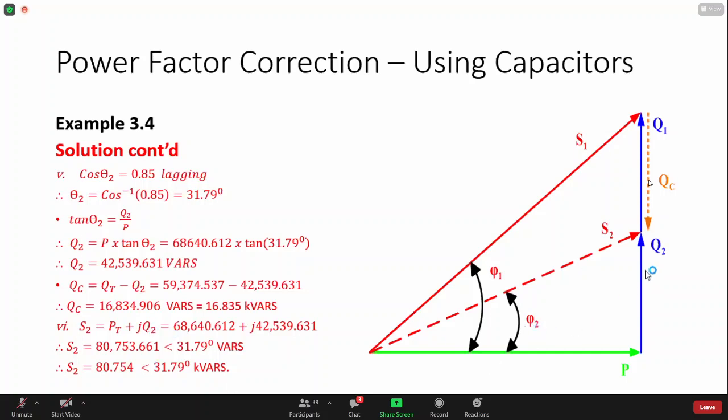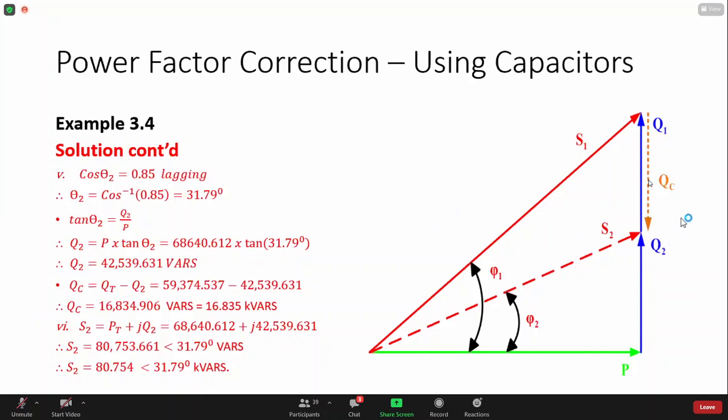All right, so we can use that value now to find out what Q2 is, the final value of Q for the new system. So tan theta 2 is equal to Q2 opposite over adjacent, or rise over run. So Q2 is equal to P times tan theta 2, and that works out to be 42,539.6 VARs.